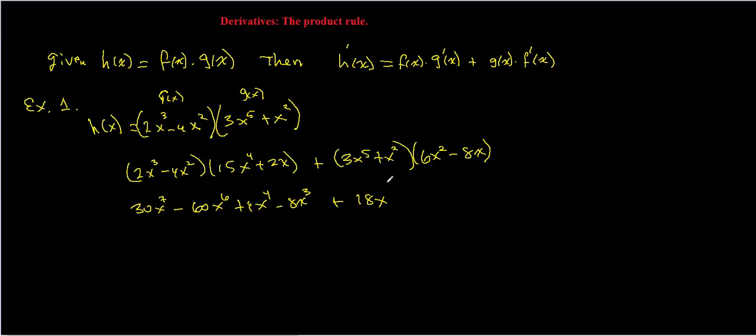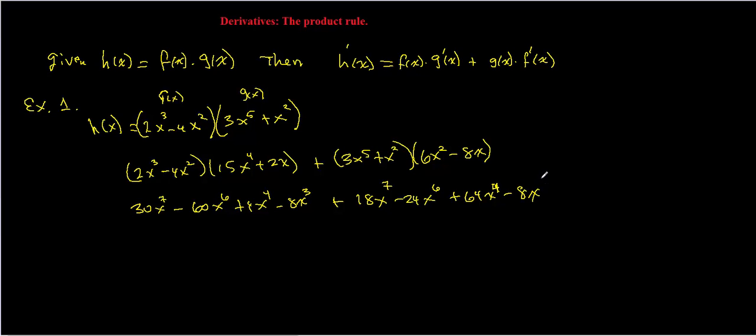18x to the 7th minus 24x to the 6th and another 6x to the 4th, and then finally, this is a 4 here, minus 8x to the 3.